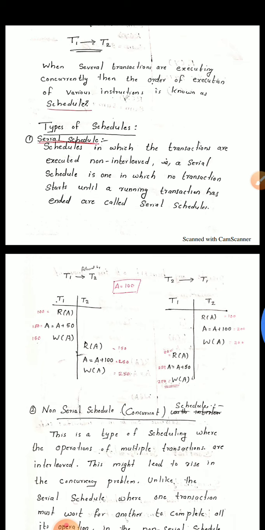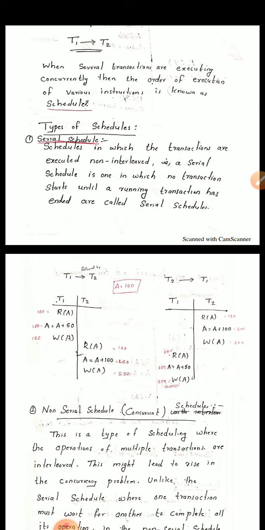When several transactions are executing concurrently, the order of execution of the various instructions is known as a schedule. There are two types of schedules: serial and non-serial, or concurrent. A serial schedule is one in which the transactions are executed non-interleaved, that is, no transaction starts until a running transaction has ended.